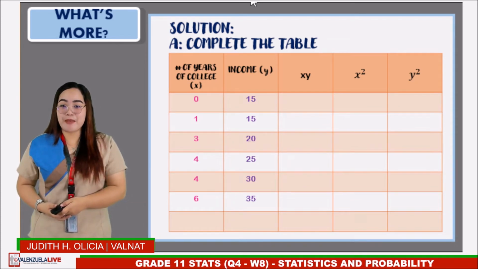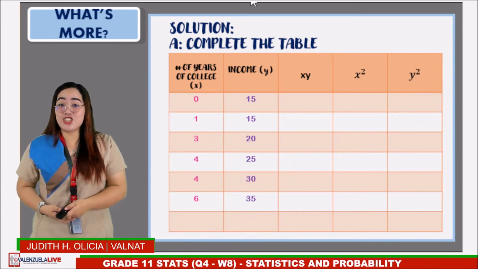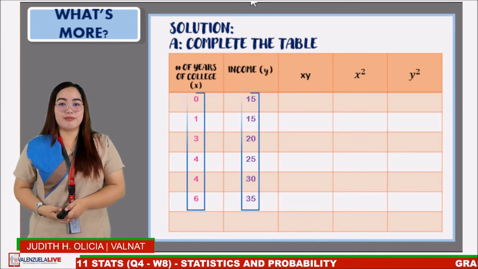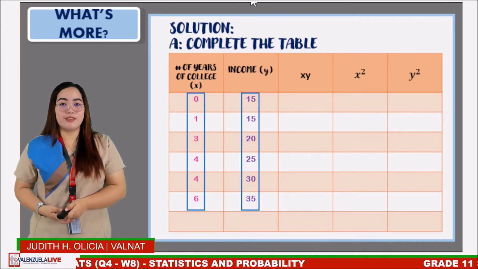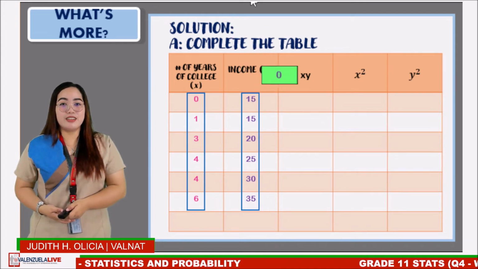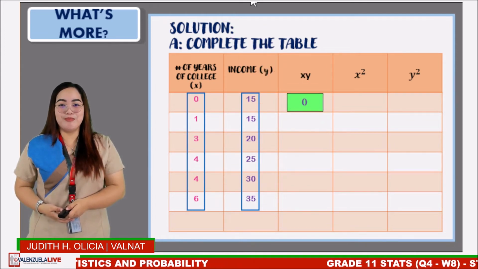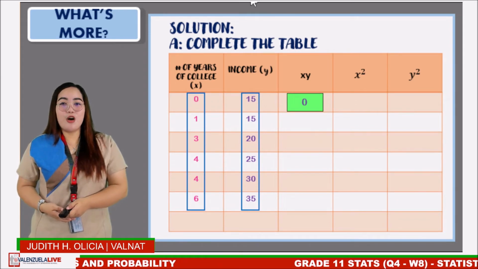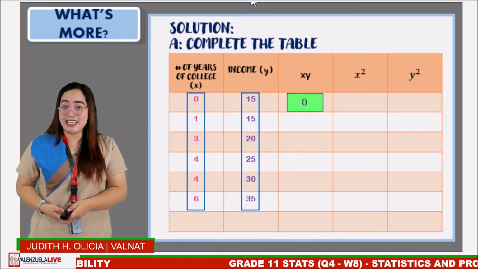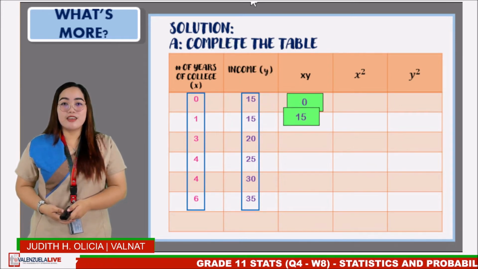So the first step is to get the product of each element of X and Y. Zero multiplied by 15, the product is 0. How about 1 multiplied by 15? The product is 15.